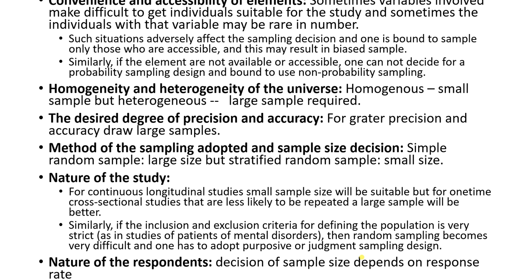For example, if we are studying HIV or AIDS, getting a suitable number of individuals may be really very difficult. And suppose we are studying some very rare disease or rare conditions, then under that condition, the entire population will be restricted. Such situations adversely affect the sampling decision. And in this condition, we are often bound to sample only those participants, those units which are really accessible.